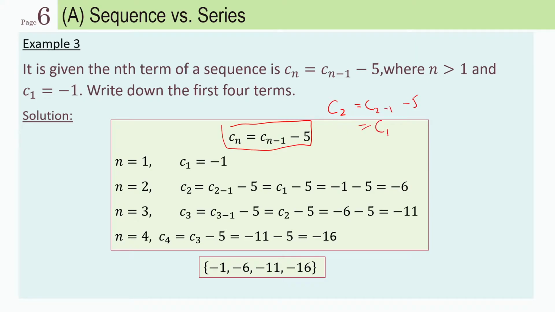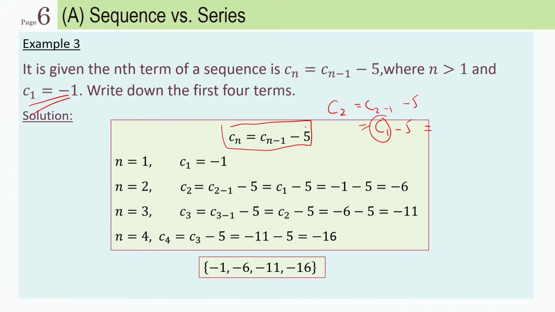Then I know it's C1 minus 5. If you didn't provide me what C1 is, over here they did provide us, but if you didn't provide the C1, that means I cannot calculate further on. I will be stuck here because I don't have the value of C1.